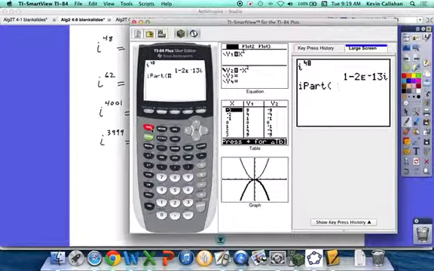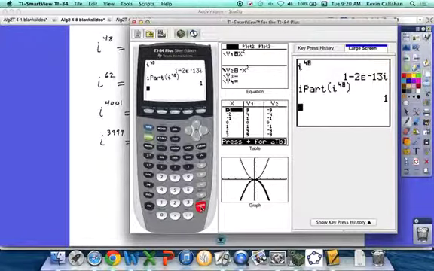Second i, raised to the 48th. That was wrong. Okay. And then it just gives me the 1. It does not give me that scientific notation at the end.